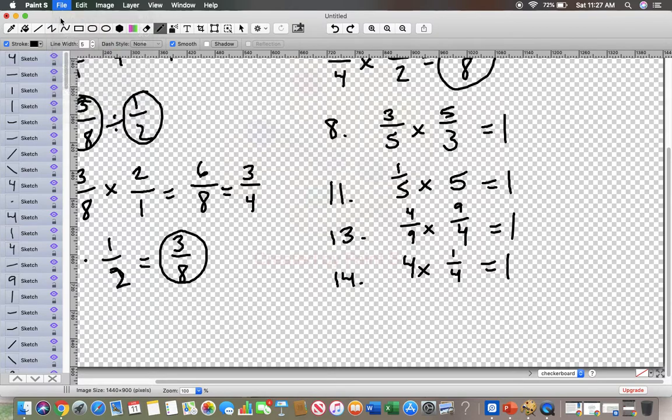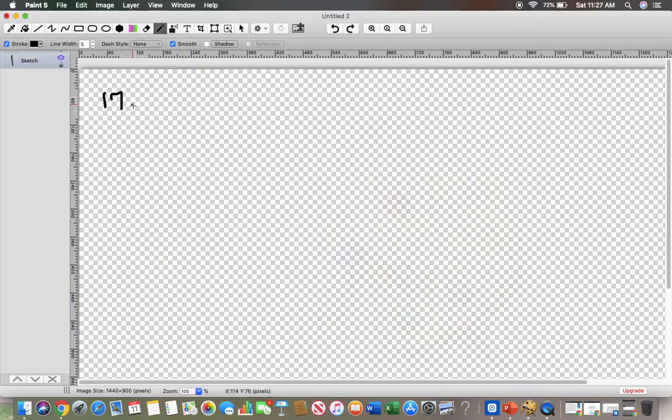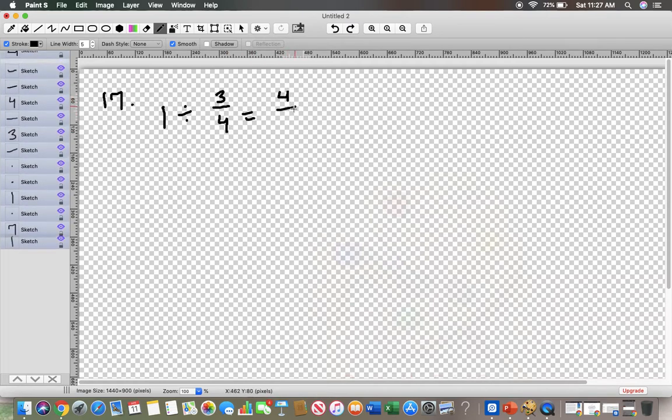Let me get a new piece of paper and we'll do a few more. Let's look at number 17. Multiply to check the answer. If it is not correct, cross out the incorrect quotient. Find the correct answer using the reciprocal of the divisor. Here we go. 1 divided by 3/4 is equal to 4/3.